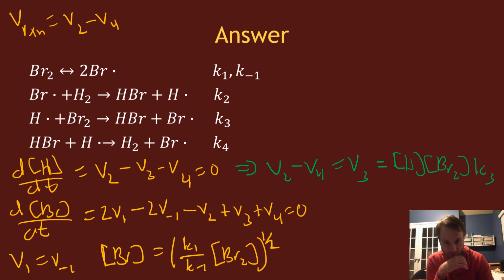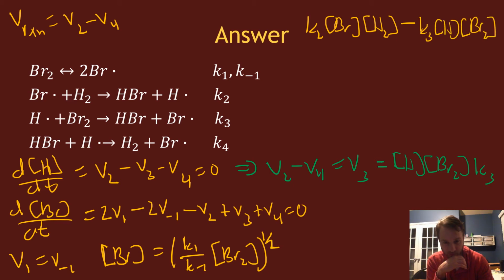So we get K2 Br times H2 minus K3 H Br2 and then minus H HBr K4.